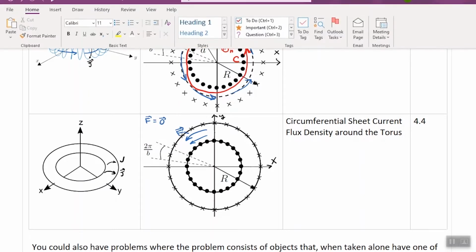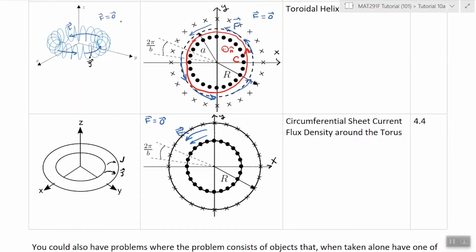And your contours would be circles that have a surface that captures the current. So circles that go inside of this shell. Here I'm showing a dotted line because it's inside of the shell, so you can't see it technically.